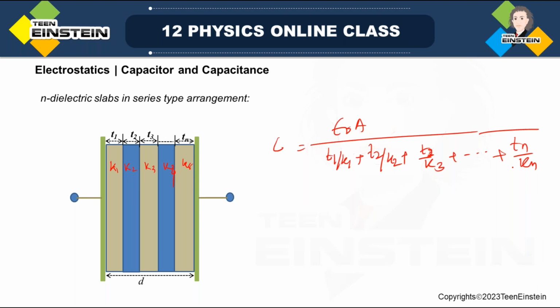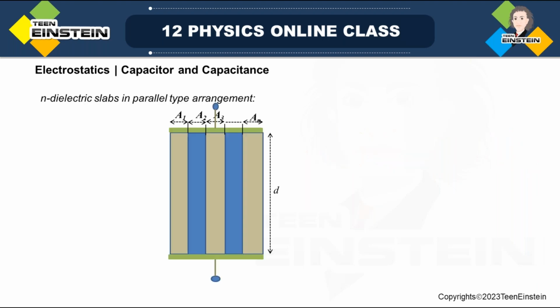Now we'll take up another situation where the space between the parallel plates will be filled with n number of such slabs of area A1, A2, A3, etc. It is actually arranged in a different direction. You can see the arrangement is this way.